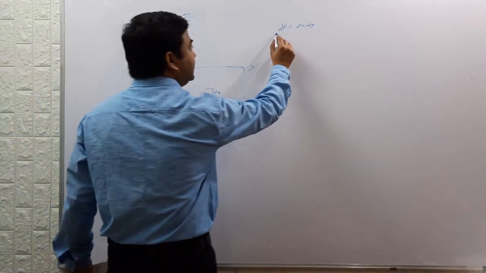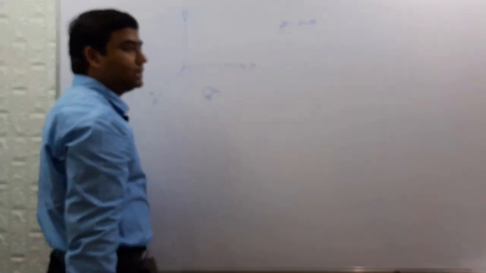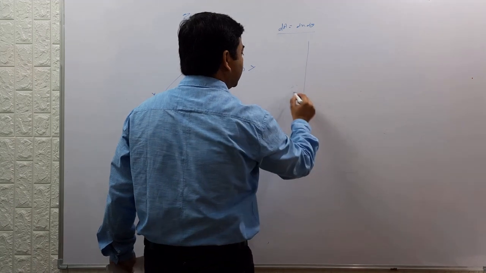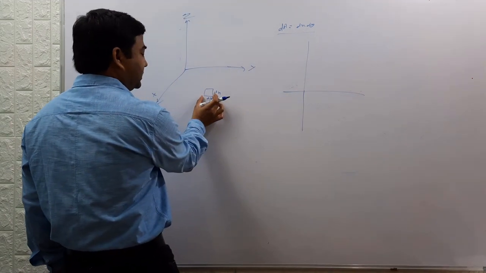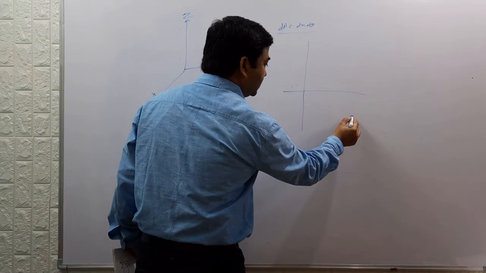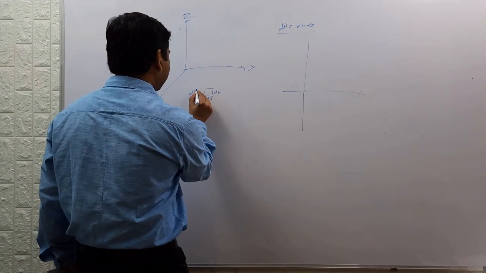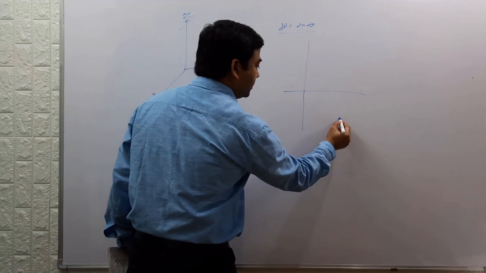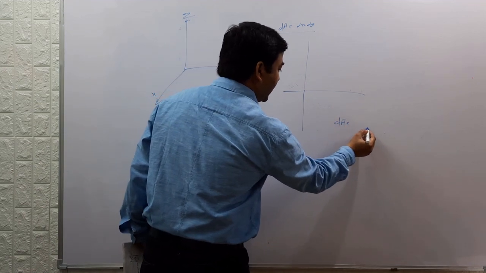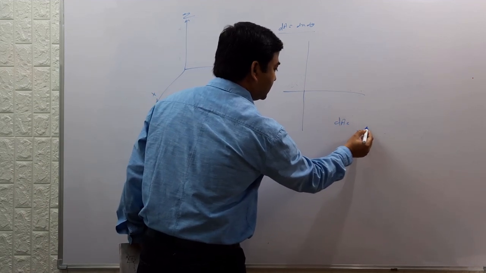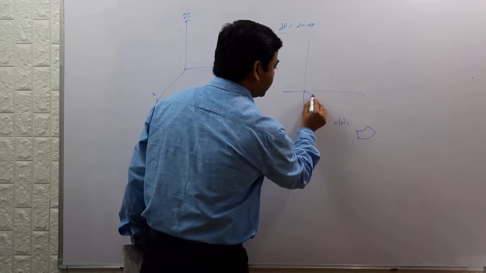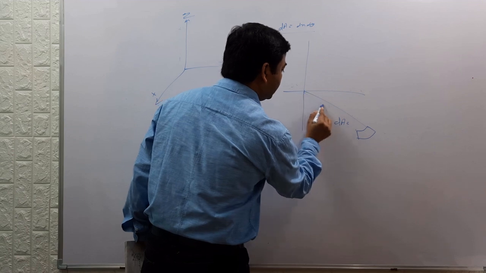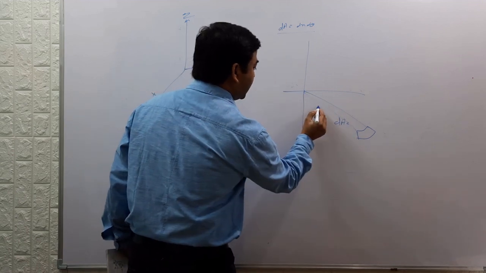How do we denote this dA in the cylindrical coordinate system? Here we have assumed a rectangle, but in the cylindrical system we will assume dA is in the form of an arc. And this is r.